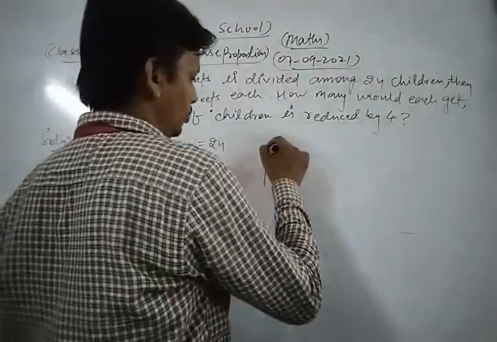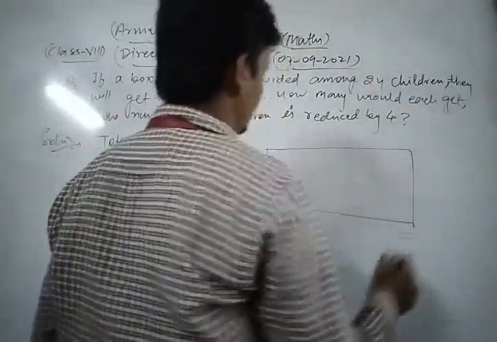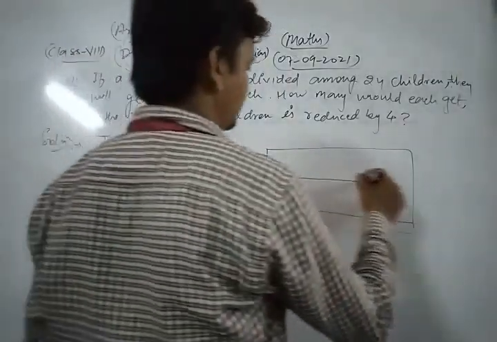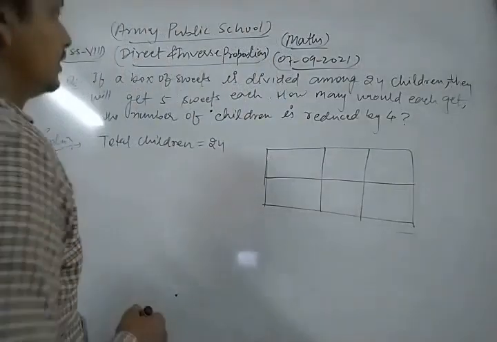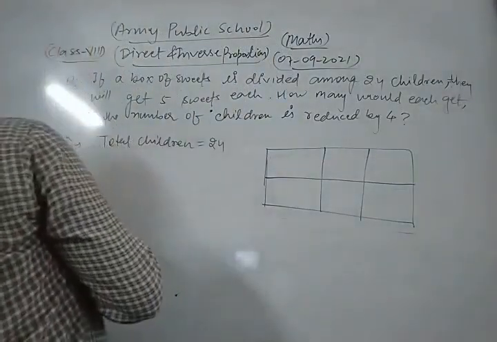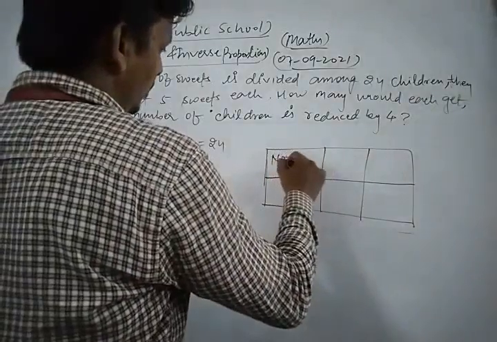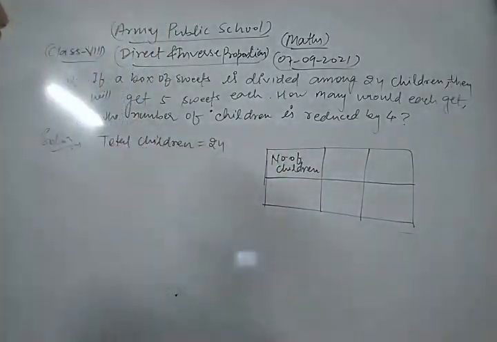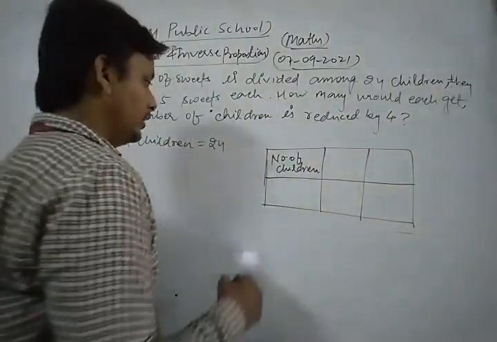Now look, first of all we prepare a chart or tabulation, and after that we simplify the question. In one column we write the number of children, and in the next one the number of sweets.